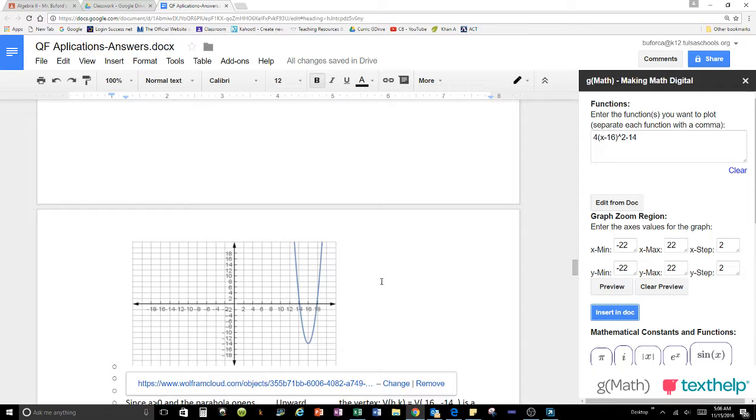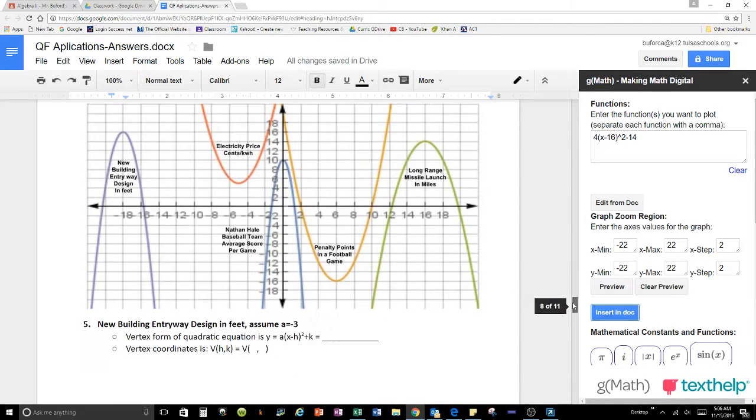Voila, here we are. Okay, so what's next? Now we have 5 more to do. We've got the new building entryway design, electricity price, Hale baseball team point average, penalty points in a football game, and long-range missile launch. Again, we're doing the same thing.